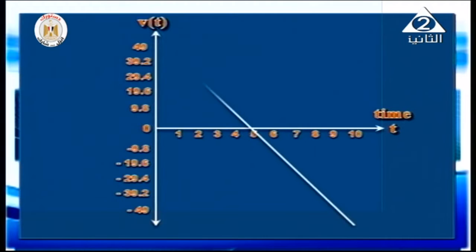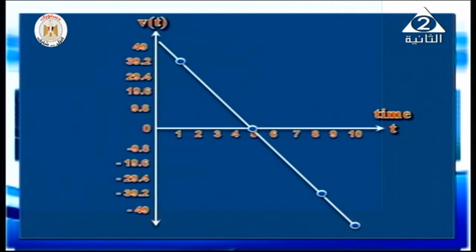Clearly, the velocity-time graph is a straight line, but the position-time graph is a curve.